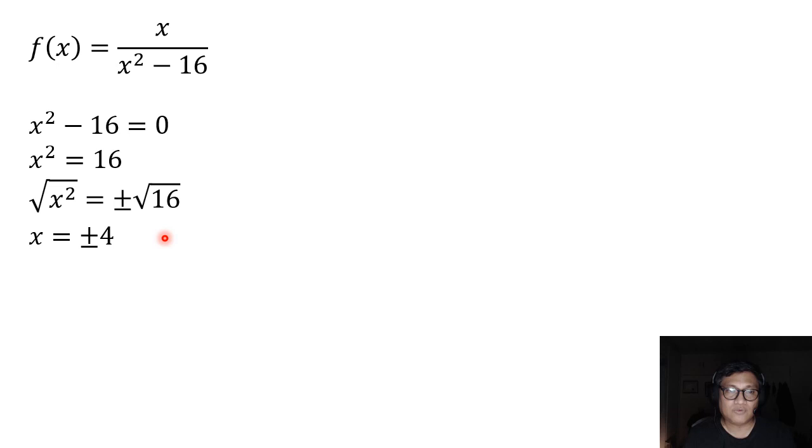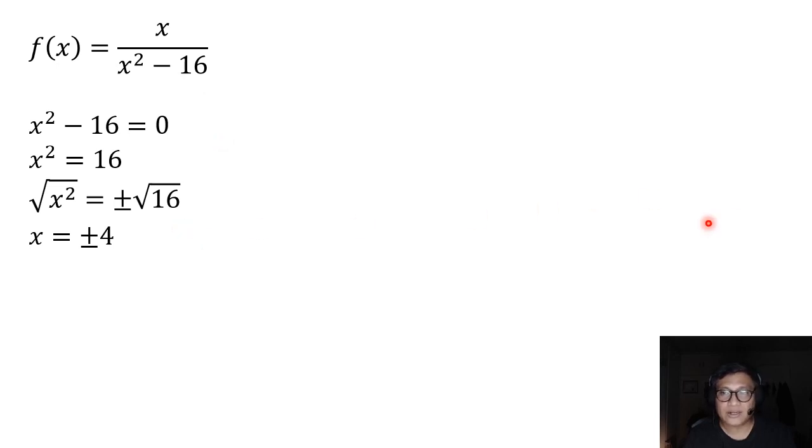So there will be two values for your x that will not be part of the domain. So in other words, these two values of negative and positive 4 will make your denominator equal to 0, and you cannot divide a number by 0.